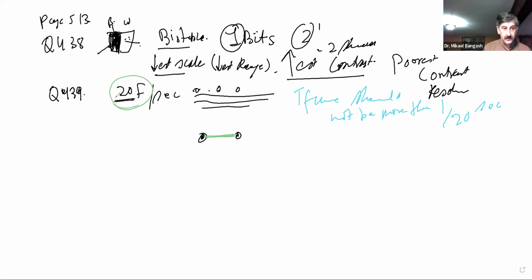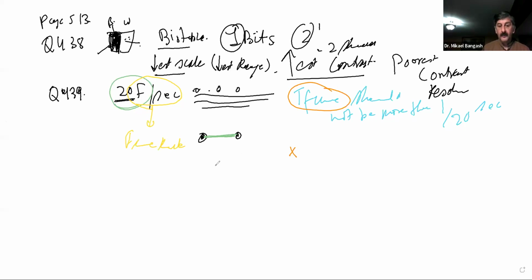And what you guys should know now is that this frames per second here is what we call the frame rate, and frame time, which is the time for one frame to be completed, are reciprocals.